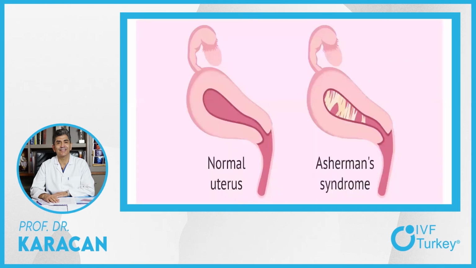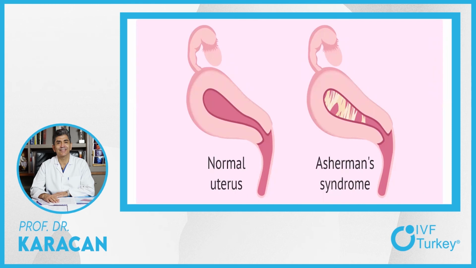This is so-called Asherman syndrome. Asherman syndrome is the severe adhesions inside the cavity. This also lowers the chance of pregnancy. It should be removed. All these adhesions should be fixed, should be cut prior to further IVF attempts.